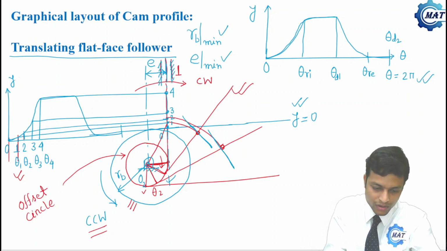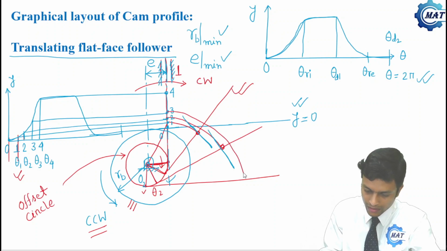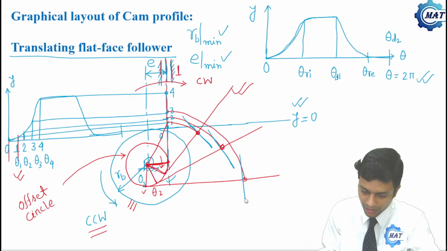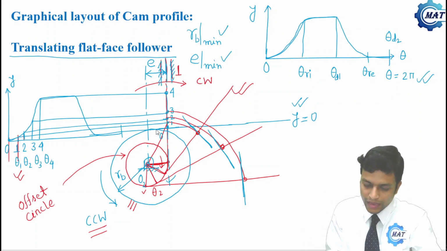Similarly, for station point 3, we'll draw another arc with radius O2 3, and that cuts the corresponding tangent here, and the follower face will be perpendicular to the tangent. Now we get 4 follower faces. This is for 0, this is for 1, this is for 2, this is for 3.